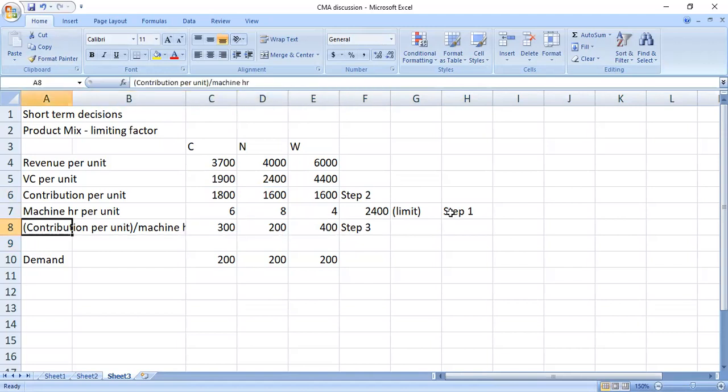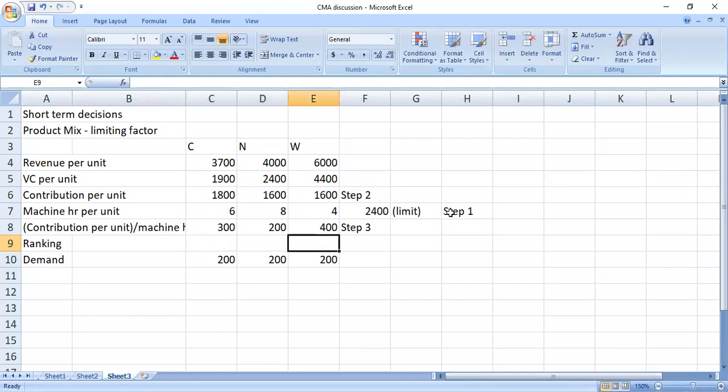Then after determining your contribution per limiting factor, you now rank. You rank your products based on the contribution. Of course, we all know that contribution is profit in a way. It's not full profit, but it's profit after deducting variable costs. Hence, the higher the contribution, the better.